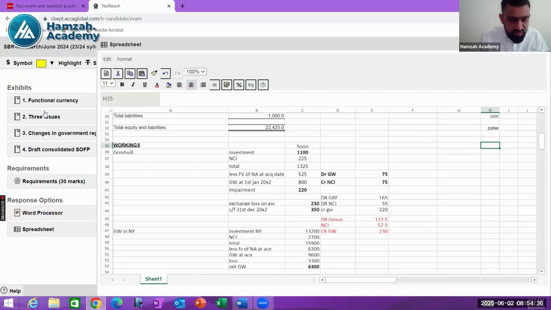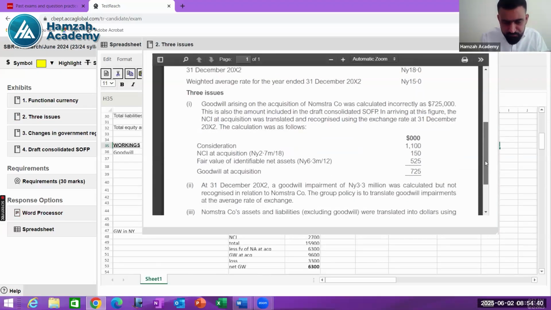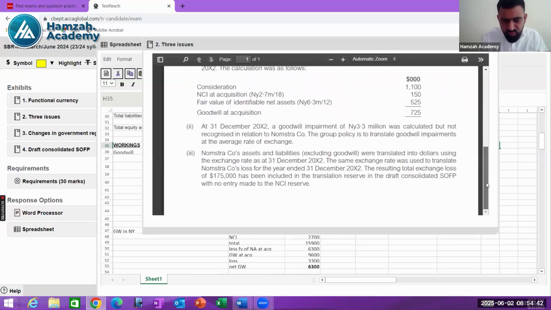Now, the second issue comes back to exhibit number 2. During the year, the goodwill of the foreign subsidiary is impaired by 3.3 million NY. They have calculated the impairment, but they did not incorporate this impairment in their financial statements.